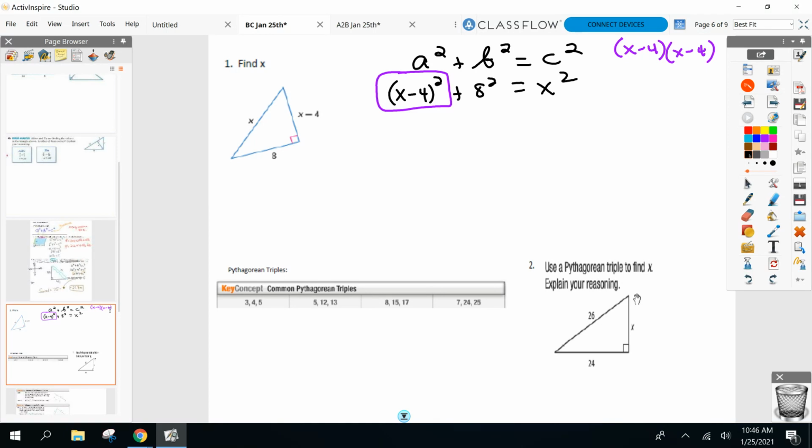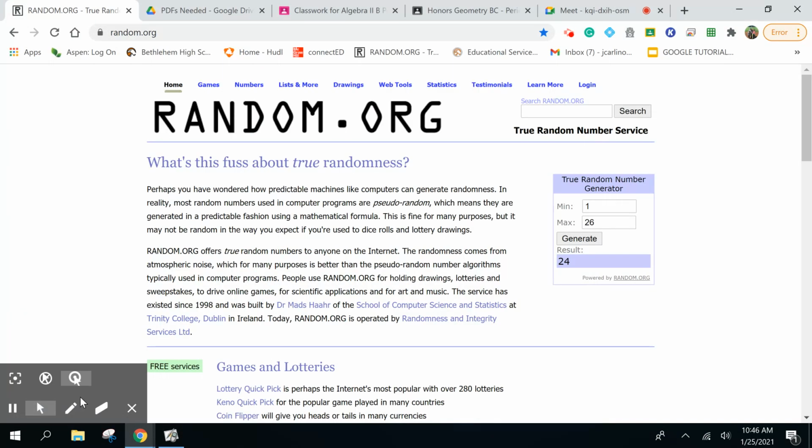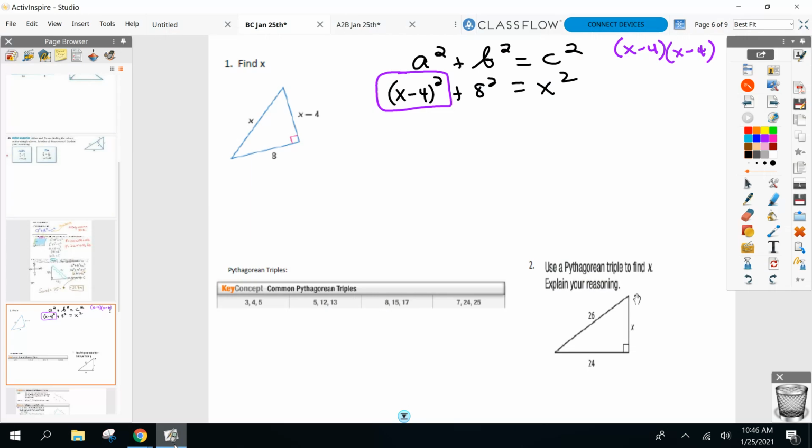All right, what do you end up getting when you do x minus 4 all squared? What's that come out to be? Emily, again, this is your problem. What do you have, Em?